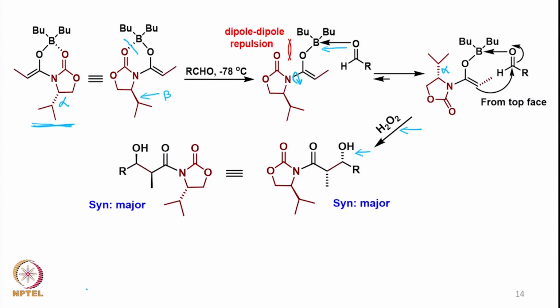Of course we can write the same thing in a different form by just turning around by 180 degrees. So this is how the syn product is formed as the major product.